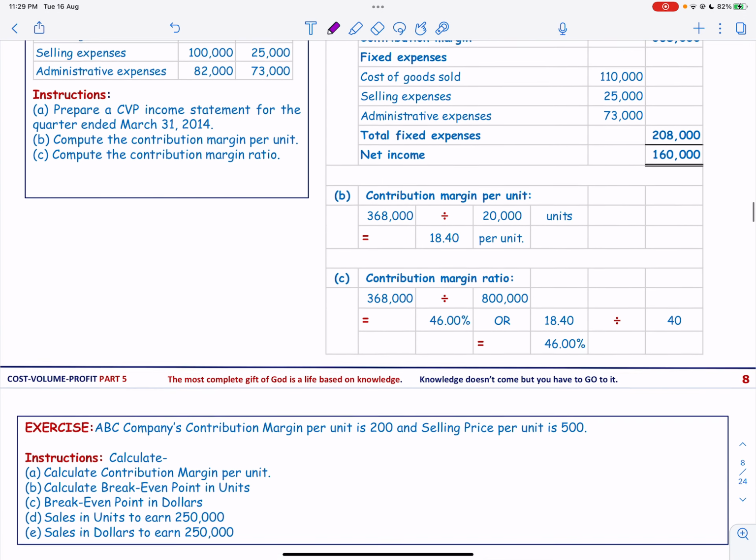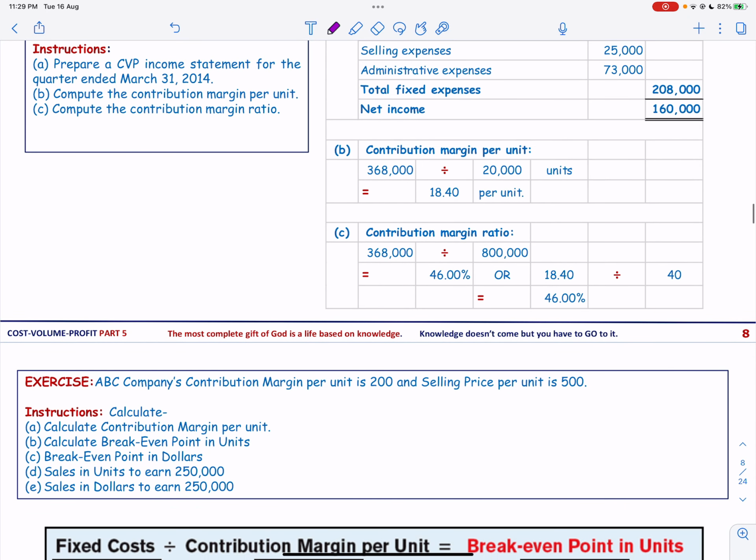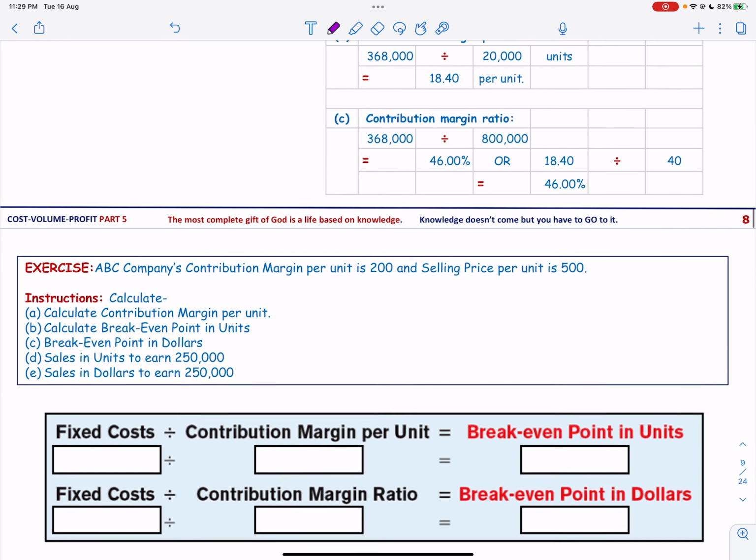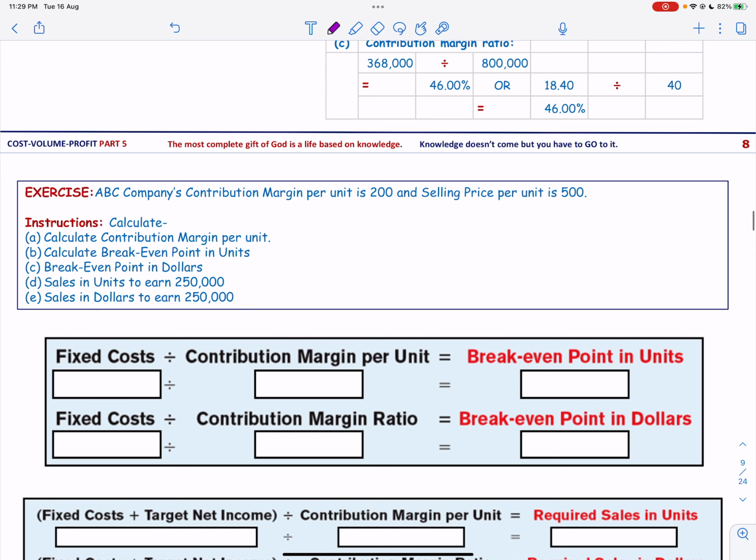So next, let us talk about how to calculate break-even point in units when fixed cost and contribution margin per unit is given. We will calculate break-even point in dollars when fixed cost and contribution margin is given, and we will also calculate the required sales in units to achieve a target net income and required sales in dollars to achieve target net income.